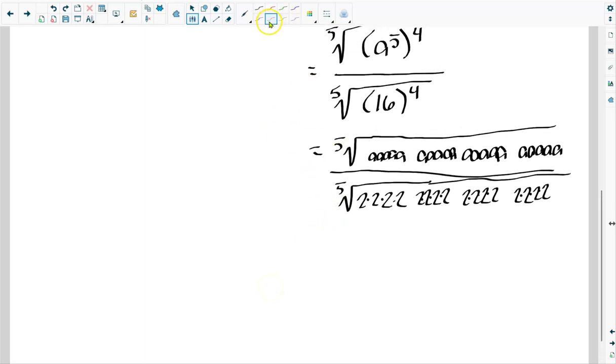So let's go ahead and do what we know how to do. I'll use this index to circle the factors that repeat 5 times. 1, 2, 3, 4, 5. 5, 5. That was easy. Here it's a little different. That's why we're not changing anything up, because sometimes it's not super easy.